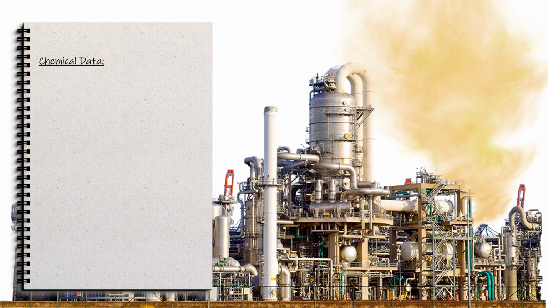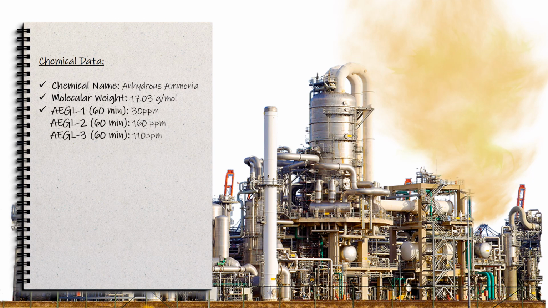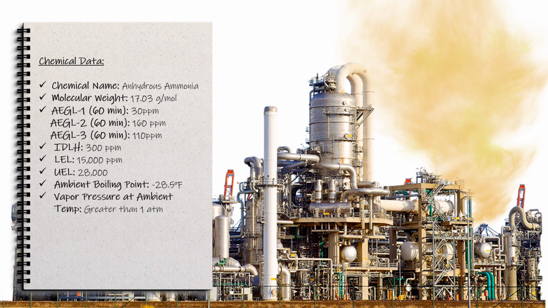The items that will automatically be included on your ALOHA text summary include the chemical name, molecular weight, the AEGL 1, 2, and 3, IDLH, LEL, UEL, ambient boiling point, vapor pressure at ambient temperature, and ambient saturated concentration.